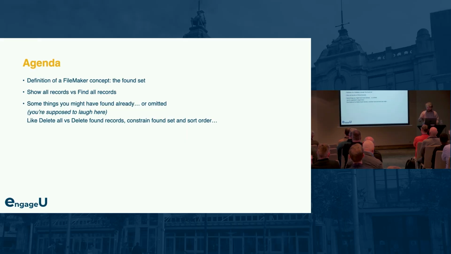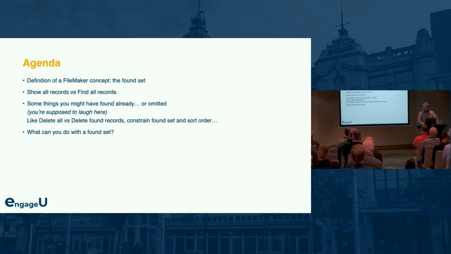What can you do with the constraint found set and the sort order? And well, we'll explore a few of these things. Most of them you know, or you think you know them and that you will check again next time you need it. So at least this time we'll have it written down.